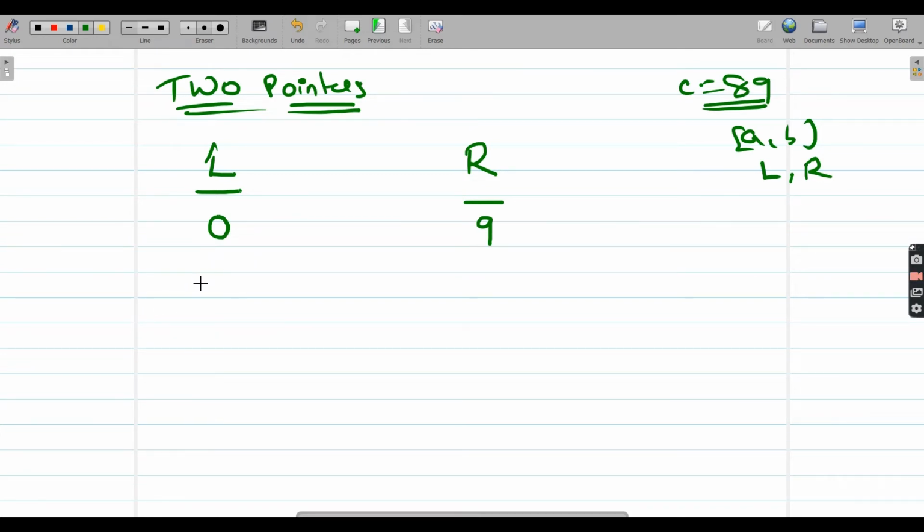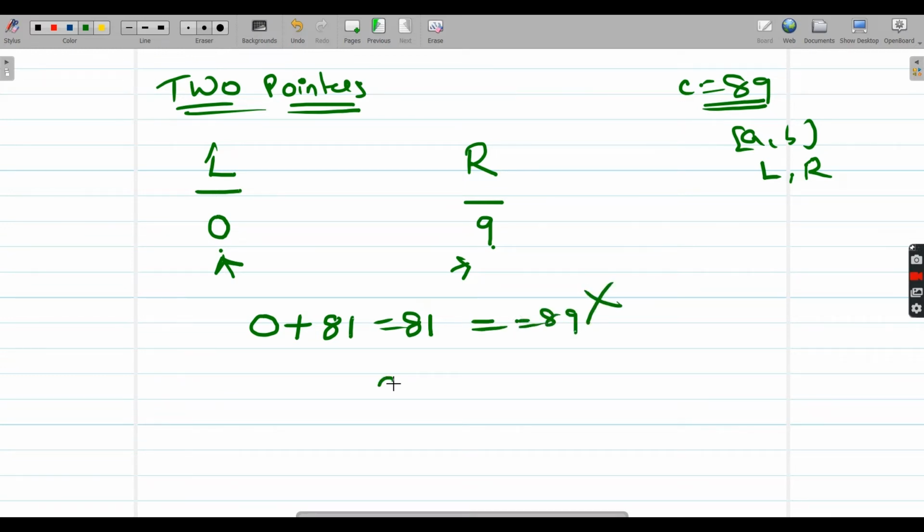Then every time I take the square of this and the square of this, I'm going to do three condition checks. Let's see that. What is the square of 0? It returns 0. What is the square of 9? It returns 81. So the total is 81. Is 81 equal to 89?